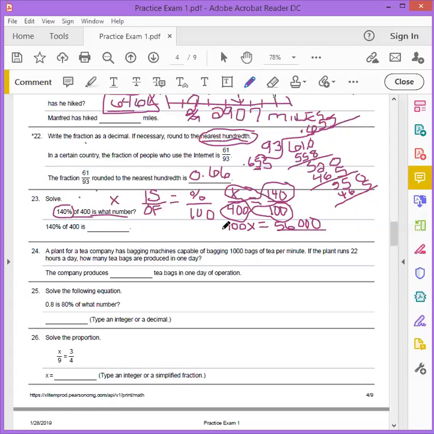To solve this equation, we would divide both sides by 100. And we'll get 560. So 140% of 400 is 560.